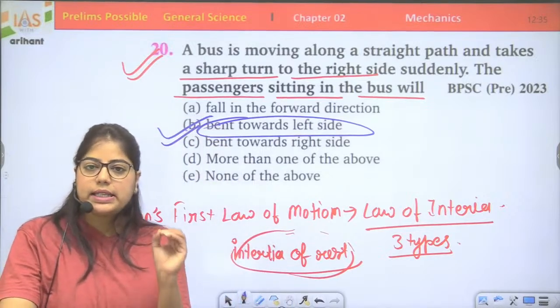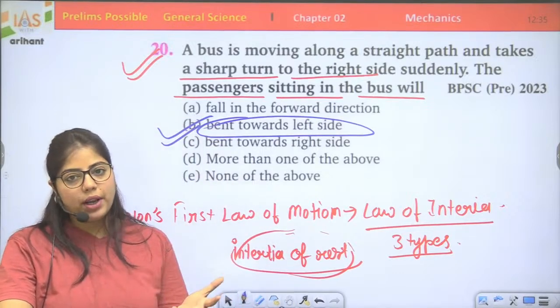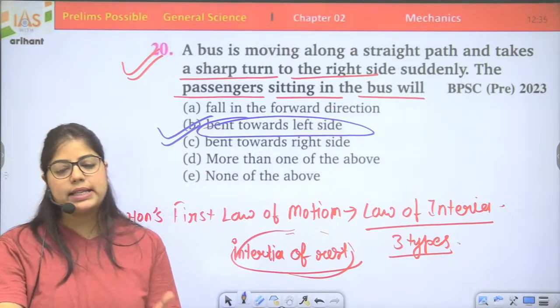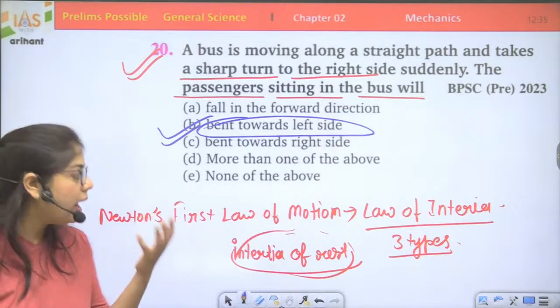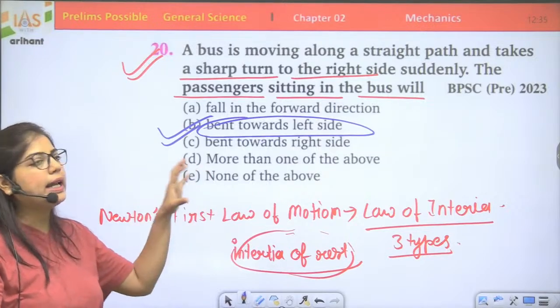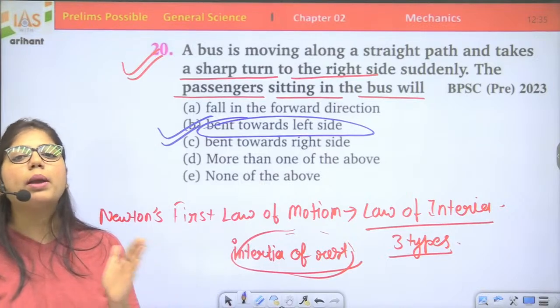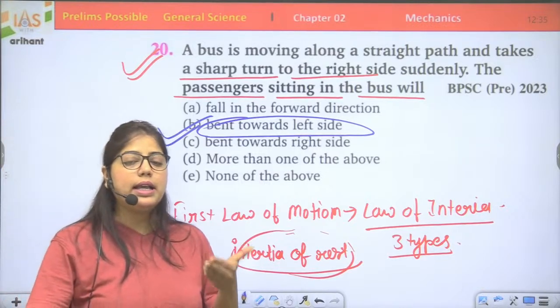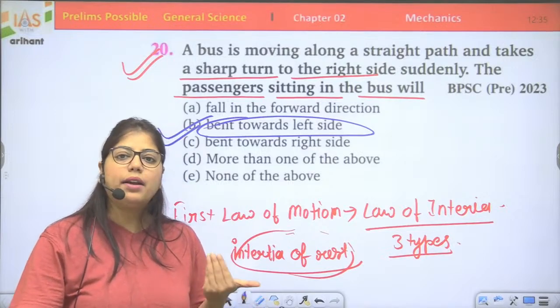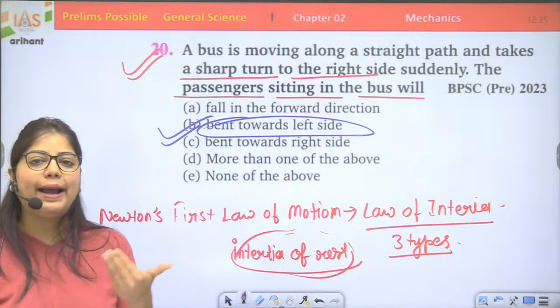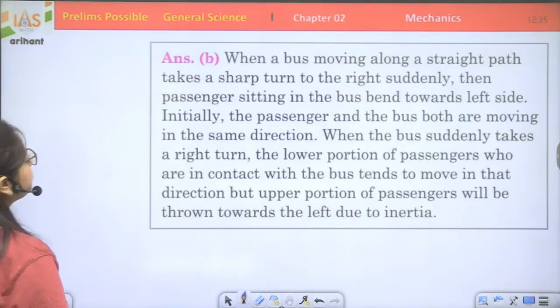When the resistance is offered by the body to continue in the state of rest unless an external force acts on it. Again, when the passenger is sitting in the bus, the lower part is with the moving bus, but the upper part is almost at rest and resists the external force applied on it, right?